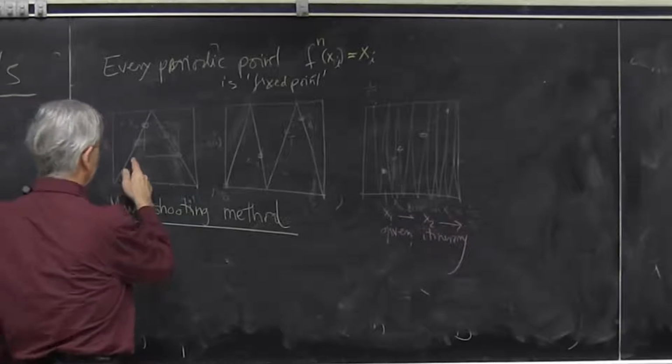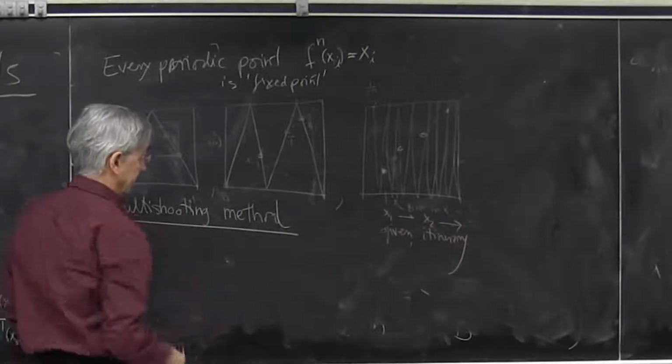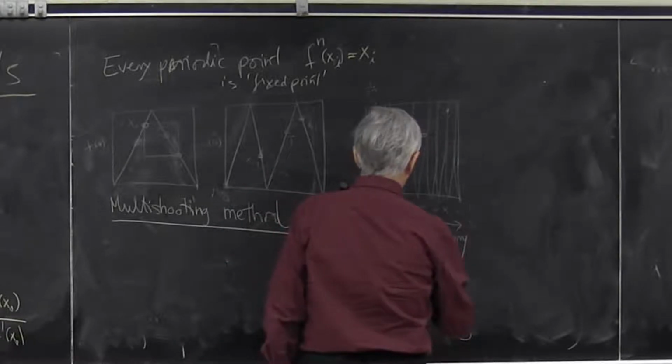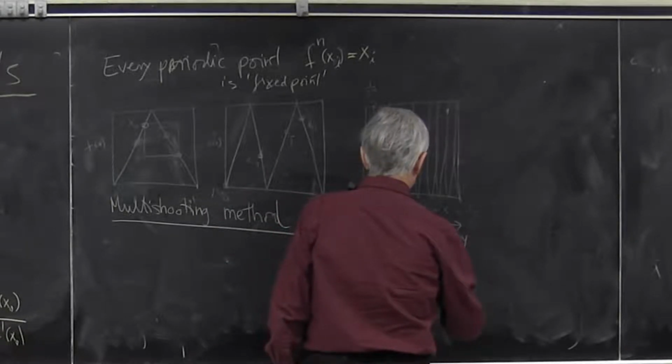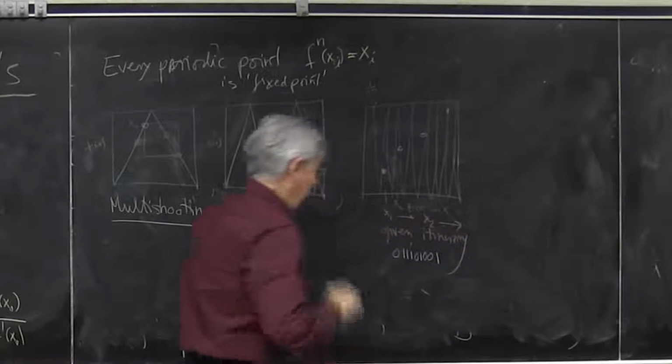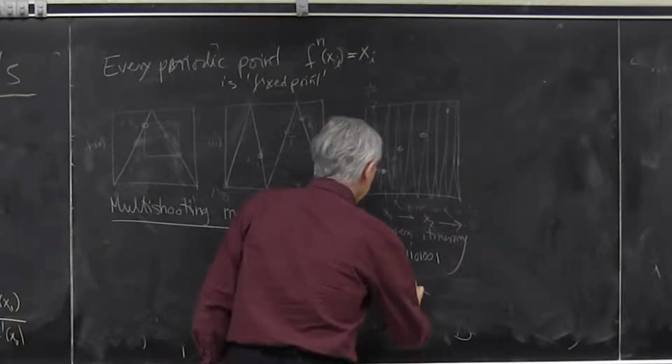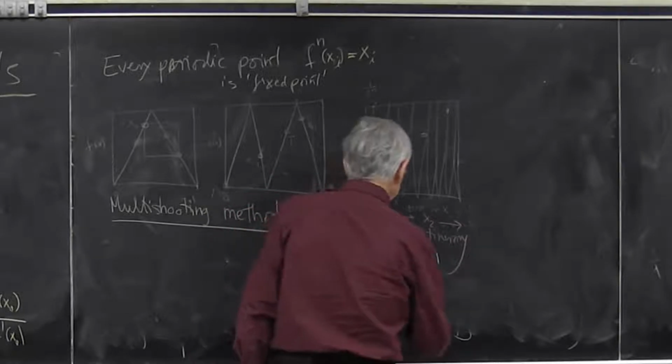So I could just say, I have a sequence, I want to find a periodic orbit that's 0, 1, 1, 1, 0, 1, 0, 0, 1. And now I have to make guesses for the points on the orbit.